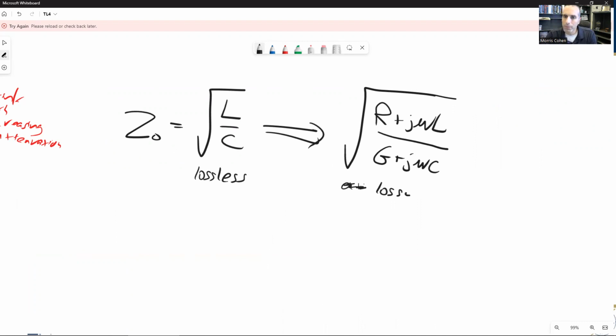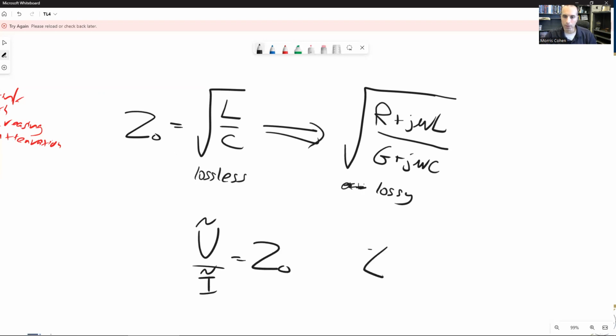All that really means is that for a propagating wave along this transmission line, there will be a phase shift between the voltage and the current. And that's okay. Z0 captures that because this gives us a complex number that refers to a phasor multiplier, where V divided by I, both as phasors, will equal this value Z0.